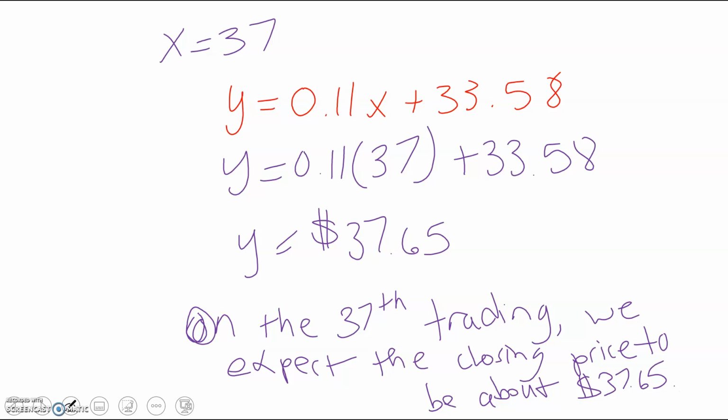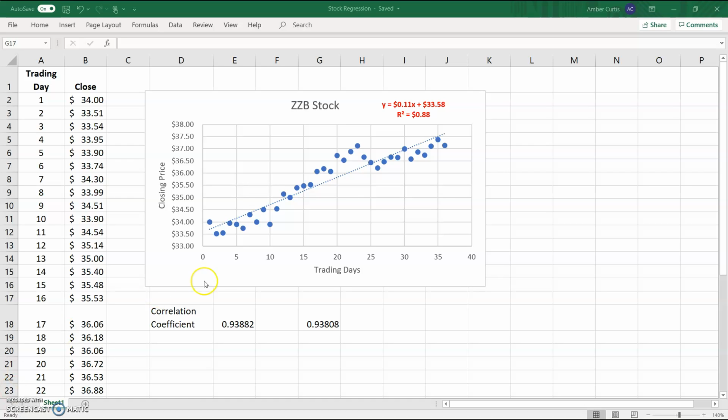This model is supposed to allow us to make a prediction that is reasonable based on the trends we've seen so far with this particular stock. And speaking of trends, we could argue that the ZZB Corporation is seeing a current upward trend, right? There's positive growth.